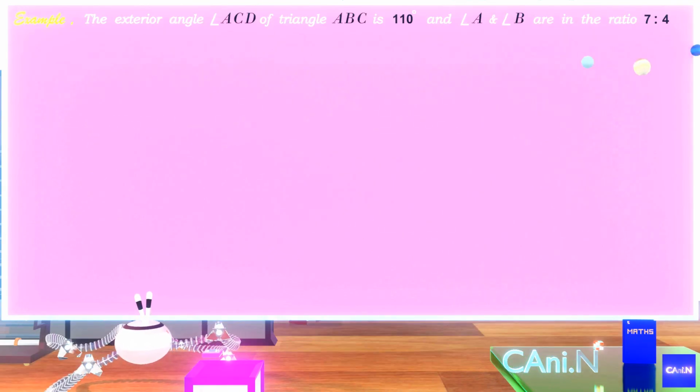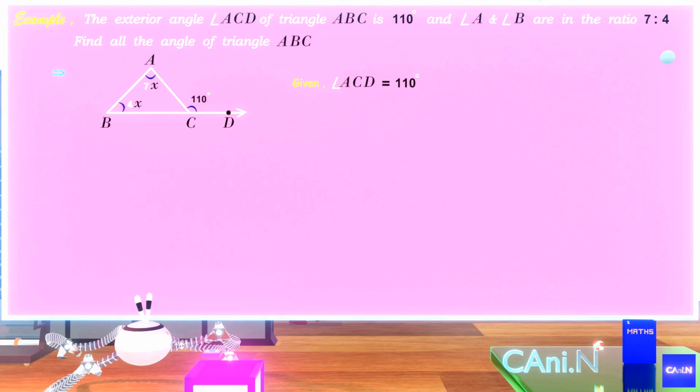Example. The exterior angle, angle ACD, of triangle ABC, is 110 degrees, and angle A and angle B are in the ratio 7:4. Find all the angles of triangle ABC. Given, angle ACD equals 110 degrees. Let angle A equal 7x and angle B equal 4x.